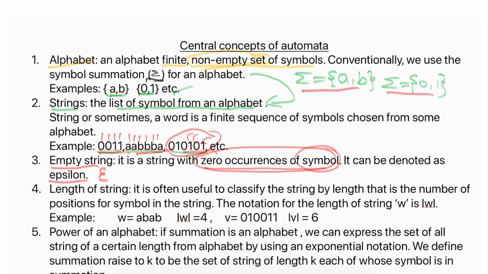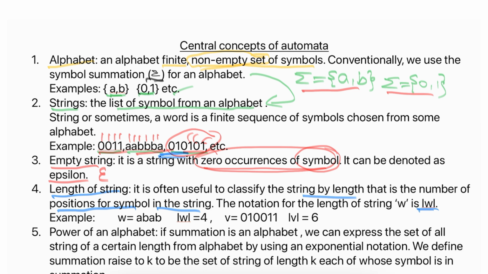Now we'll go to the length of a string. It is often useful to classify a string by its length, that is, the number of symbol positions in the string. The notation for the length of a string w is like this.